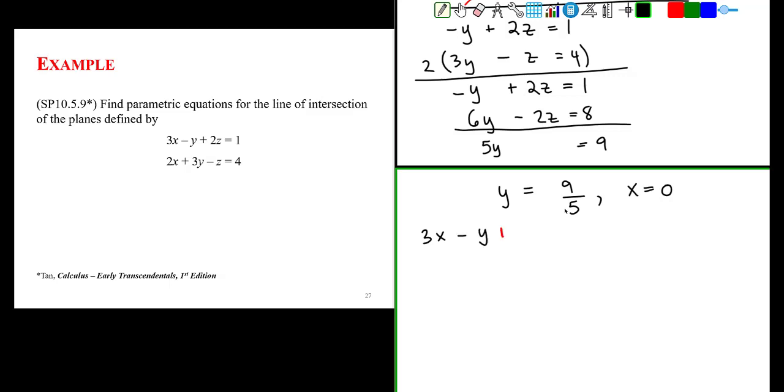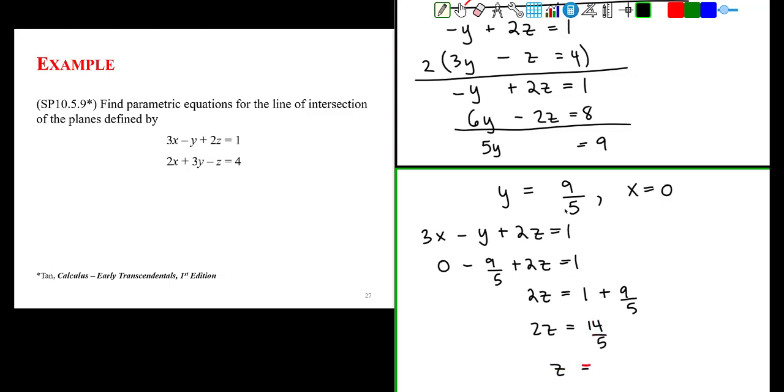So let's start off with the equation for the first plane. We have x equals 0, y equals 9/5, plus 2z is equal to 1. 2z is equal to 1 plus 9/5. 2z, if I'm doing my algebra correctly, is equal to 14/5, or z is equal to 7/5.